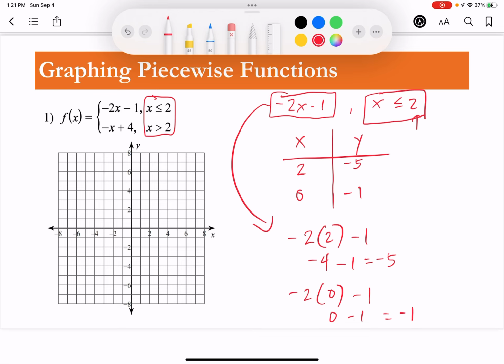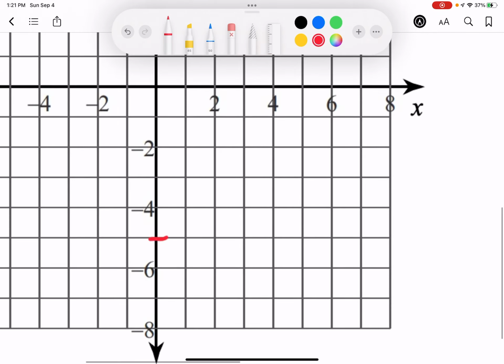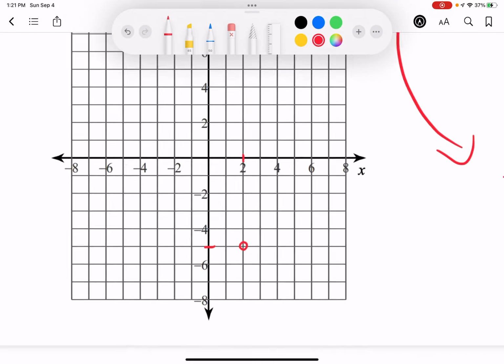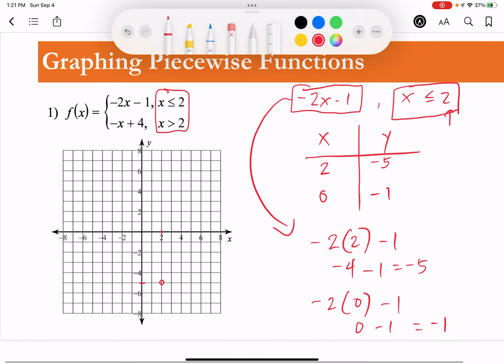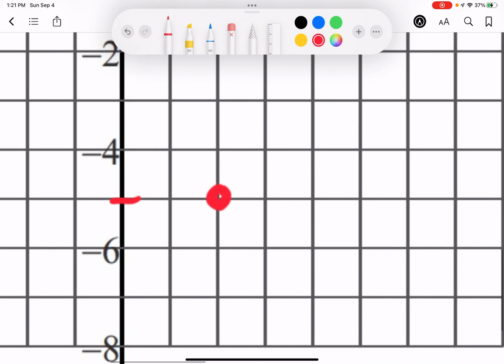Nasaan kaya yung 2, negative 5 na yun? So, x is 2 and then negative 5 yung ating y. So, ito yung kanilang intersection. Okay? But, we're going to use a solid dot here kasi kasama yung 2 sa ating domain restriction.